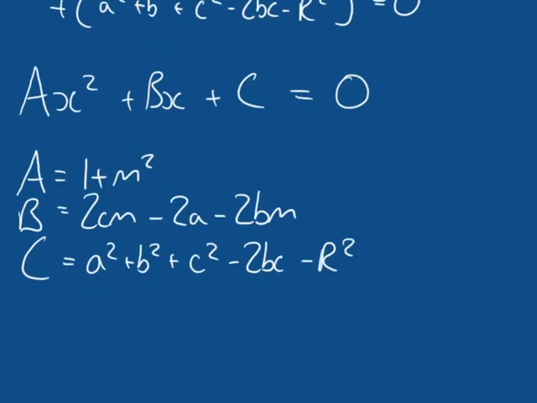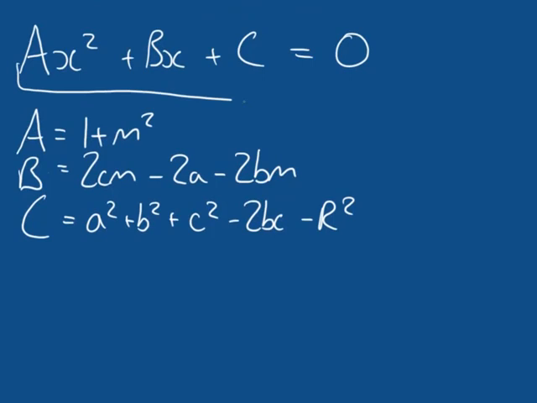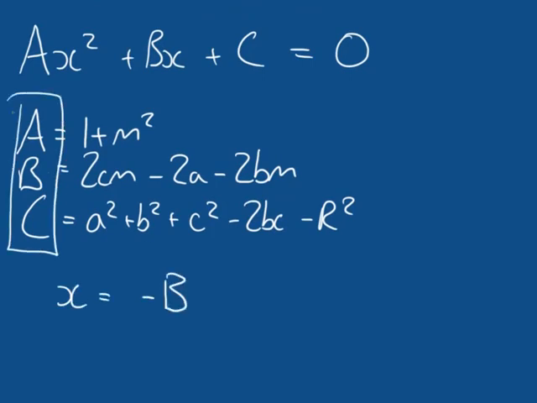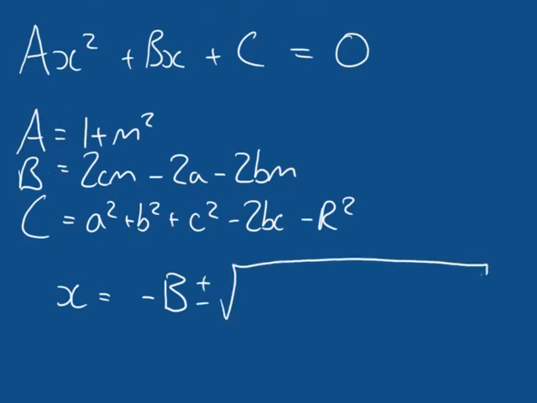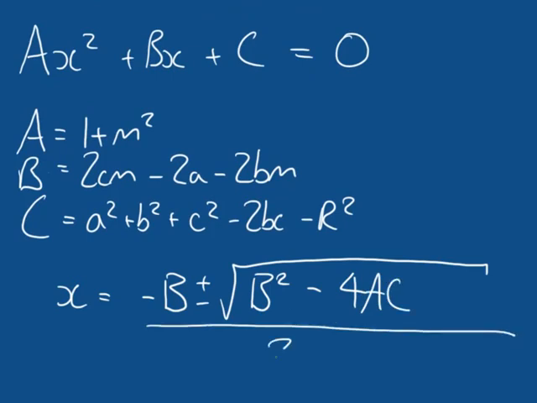And that allows us, of course, because we've got it in this form of Ax squared plus Bx plus C is equal to 0, we can solve this using our quadratic formula. Using our formula, x is equal to minus, now I'm going to use capitals, obviously, to keep with using capitals here, minus B plus or minus the square root of B squared minus 4AC all over 2A.